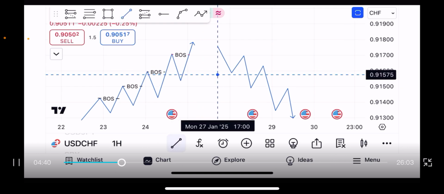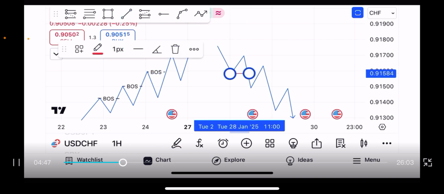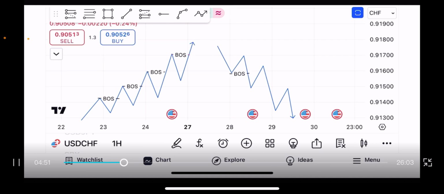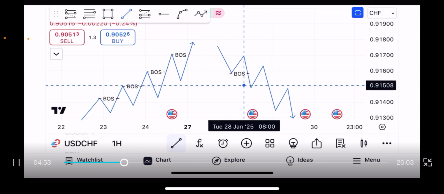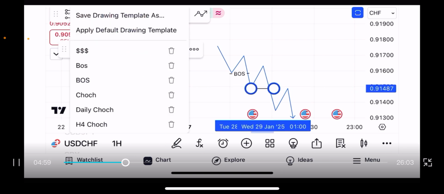Break of structure to the downside. I'm not going to mark it all out. Let me just mark two. Break of structure to the downside, and the last one, which is here, break of structure to the downside.